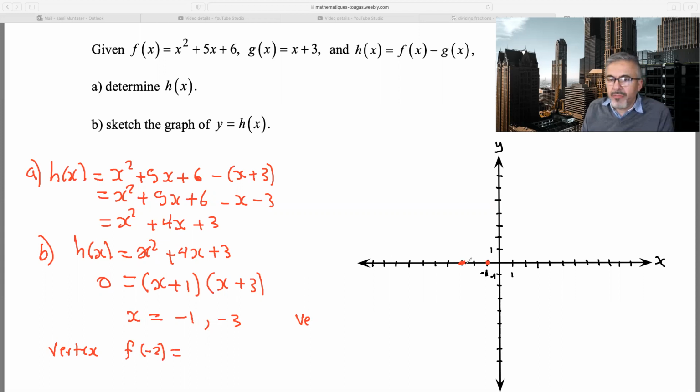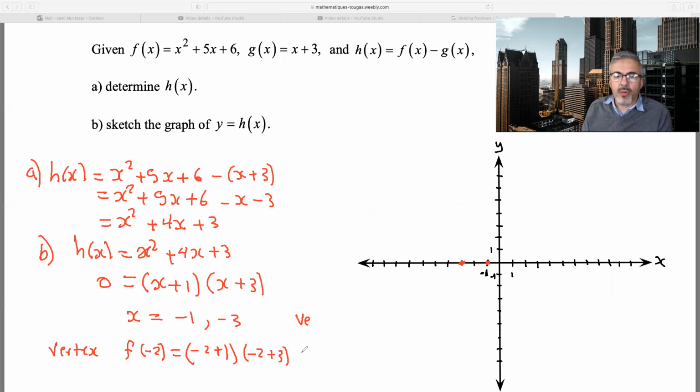Because the vertex is always right in between the two zeros or the two x-intercepts, or I mean the axis of symmetry, that's what it should be. So if you want to know where your vertex is, then you sub in -2, the middle between the two zeros, into the equation, which is -2 plus 1 and -2 plus 3. So I'm subbing it in right here.